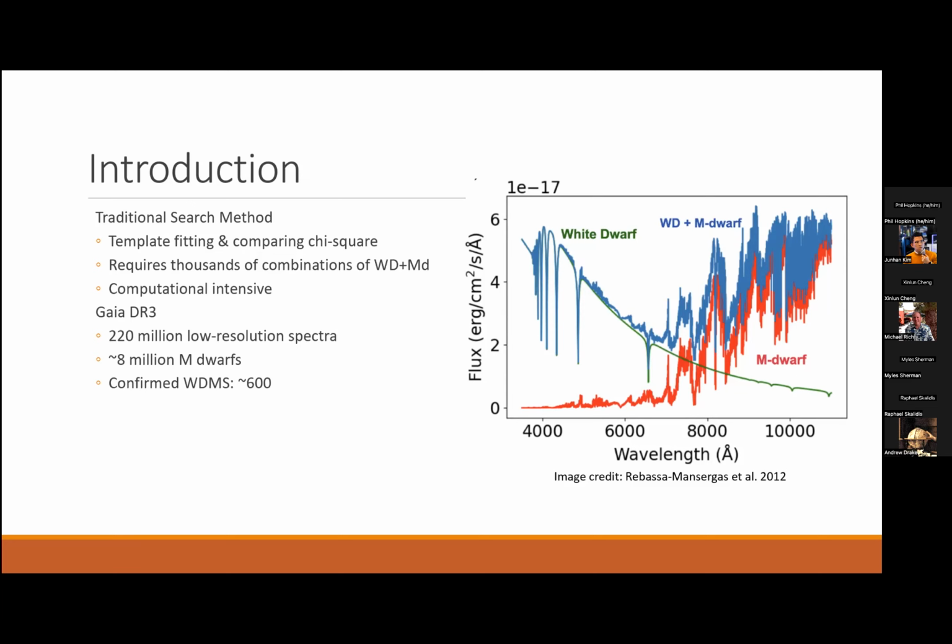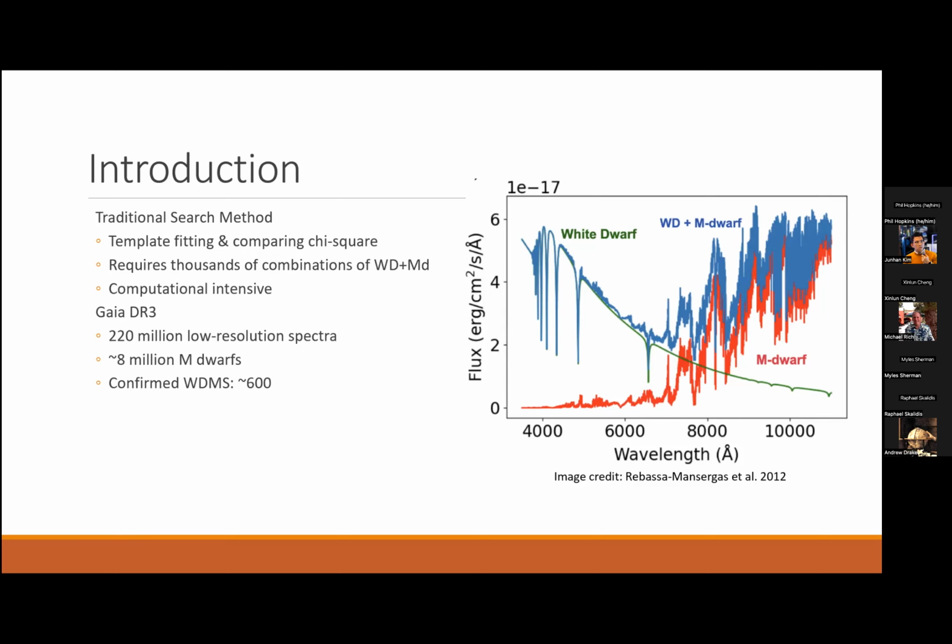You first fit an M dwarf and find the best fit M dwarf template, and record its chi-square. And then you use a combination of White Dwarf and M dwarf, and you compare the newly fitted chi-square to the one using M dwarf alone. And if the combined template gives you a smaller one, then you would say it's probably a White Dwarf plus an M dwarf in this case.